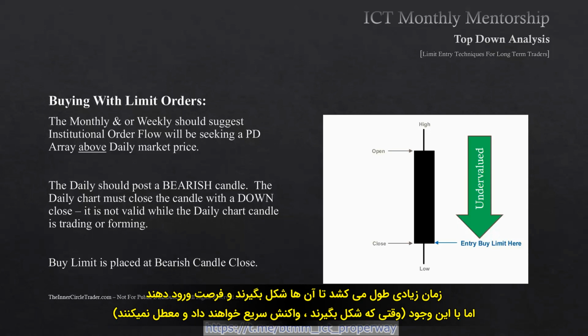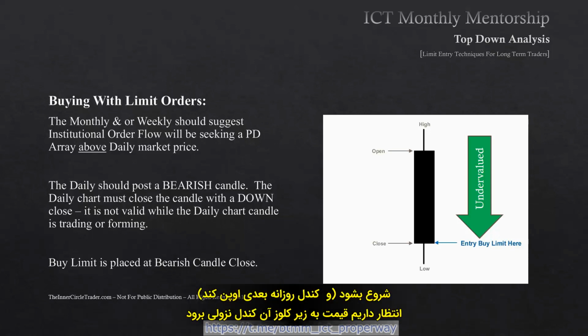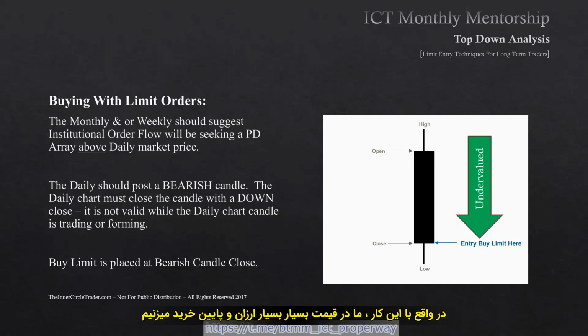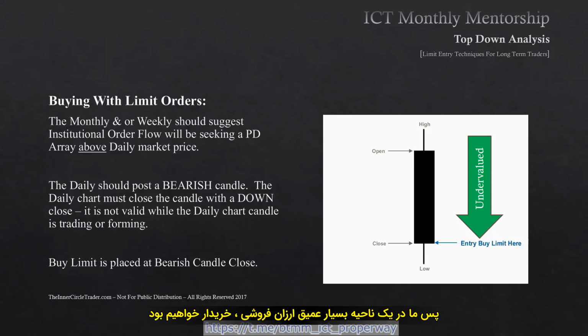but nonetheless, when we use a buy limit entry at the close, what we're doing is the very next day or the next candle, when it opens up, we're expecting price movement to move below that down candle's close. What we're actually doing is we're buying at a deeply undervalued price. It's already going to be oversold without requiring any indicators, but we're going to be buying at a deep, deep discount.